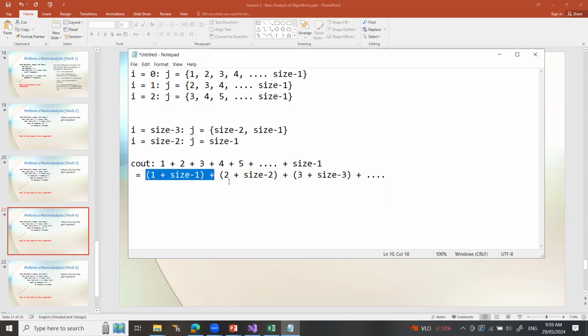How many of these sums are there if I pair up each one of these? 1 went with size minus 1, 2 went with size minus 2. These are pairs, right? How many numbers were there in that summation? Size minus 1 numbers.